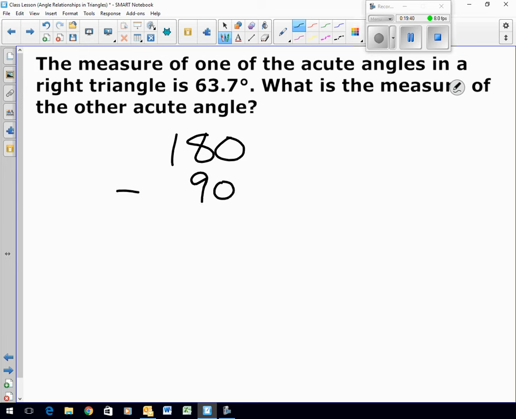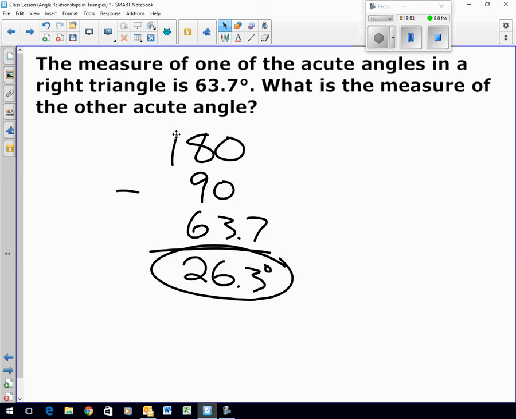How many degrees is one of the other angles? It is 26.3. See that? Guess what my magic number is? 180.